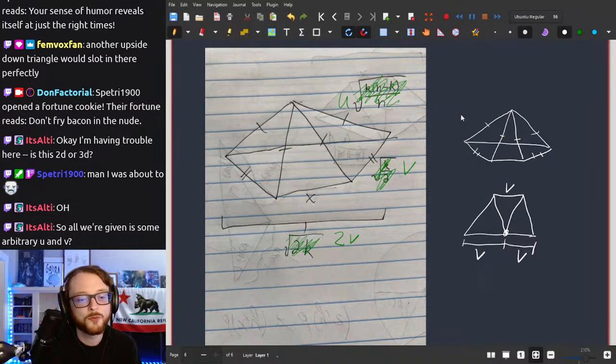That's the only actual measurement. We want to find x, in terms of u and v.